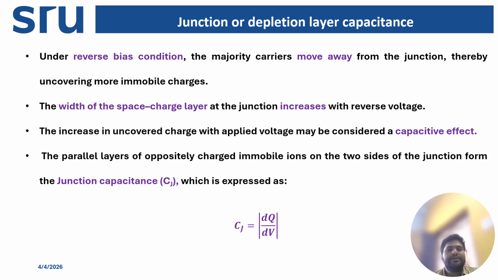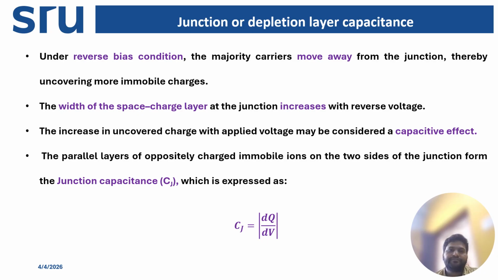This structure is similar to a parallel plate capacitor: conducting plate, dielectric, and conducting plate. Therefore, the diode acts like a capacitor. This capacitance is called junction capacitance, or depletion capacitance.